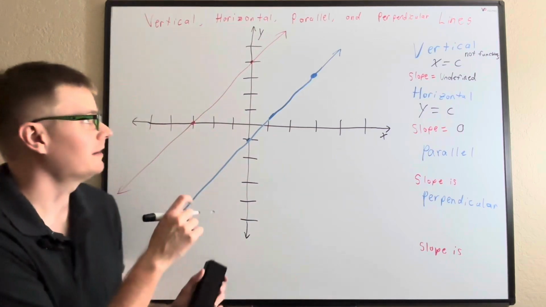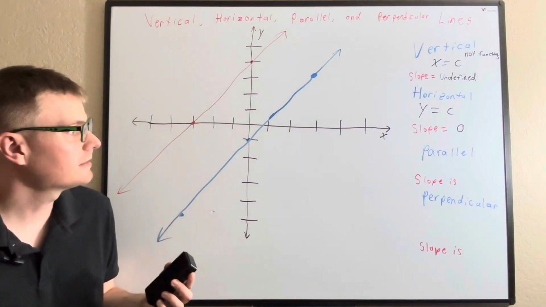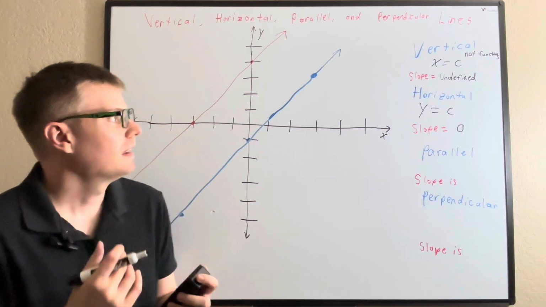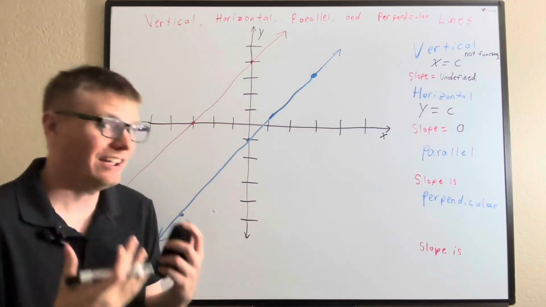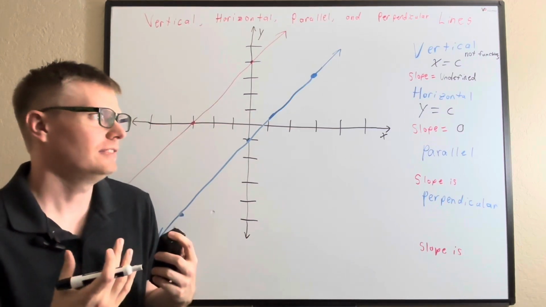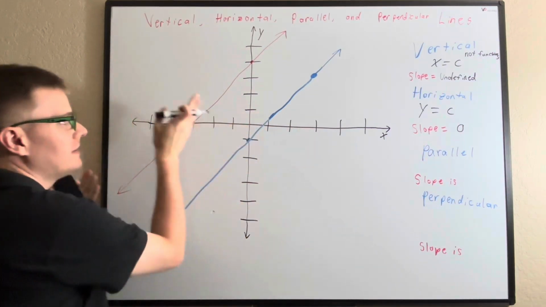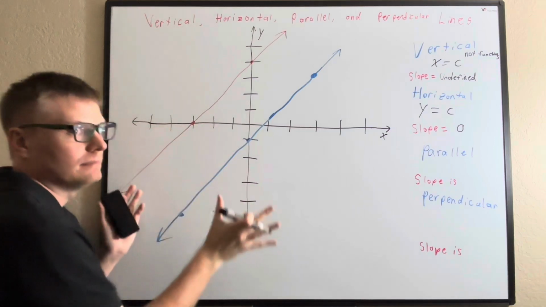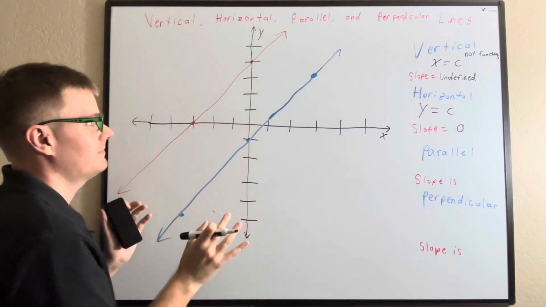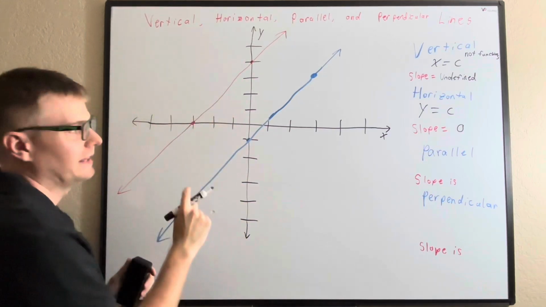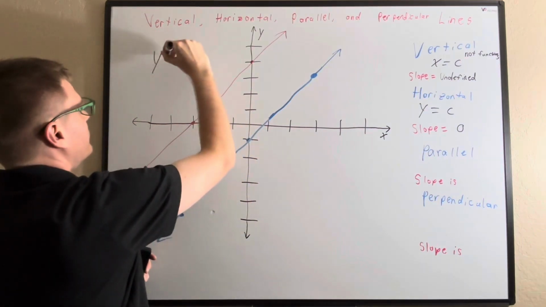All right, next up is parallel lines. Now, what are parallel lines? They're not like vertical and horizontal lines. They don't have to be vertical or horizontal lines. Parallel is describing the relationship between 2 lines. Now, these very badly drawn lines are going to demonstrate that. First of all, let's look at this red line here. What is my y-intercept?